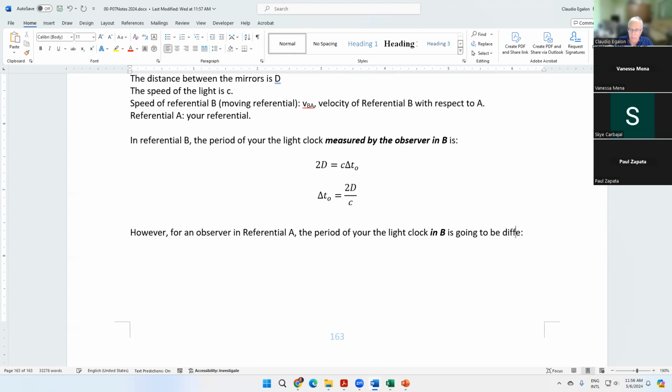It's going to be different because the speed of the light is the same, no matter the referential. That's the second postulate.